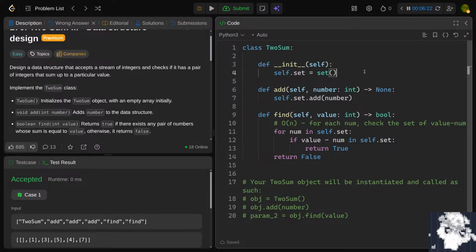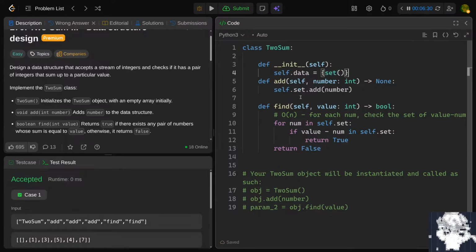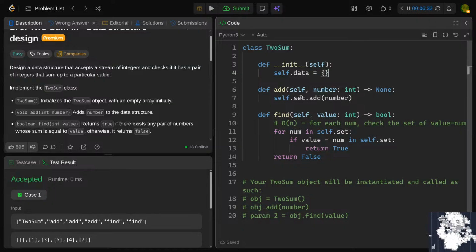So I guess we could do this as a hash map. So let's just say self.data equals a dictionary, which is going to be mapping from numbers to count.